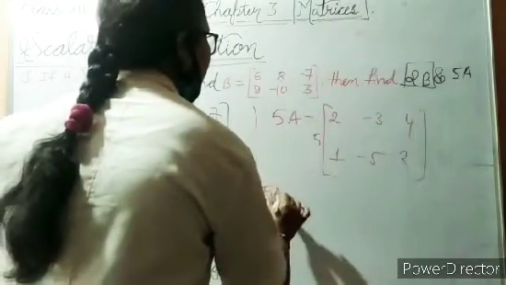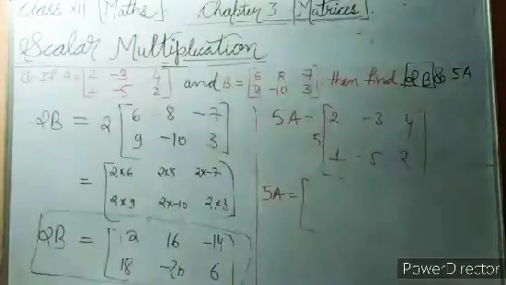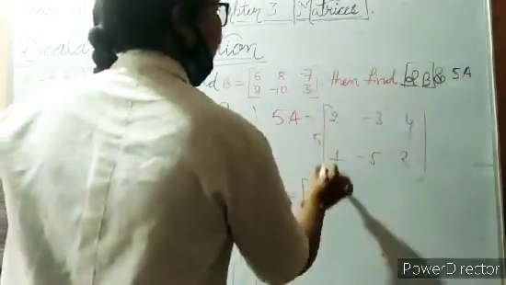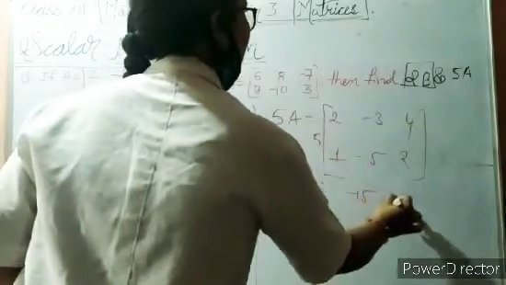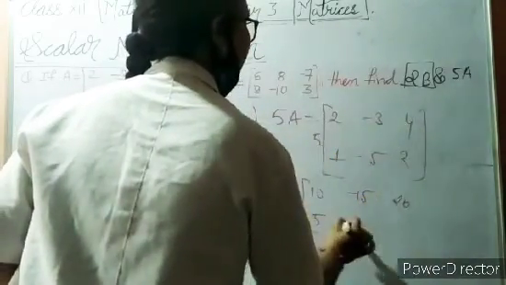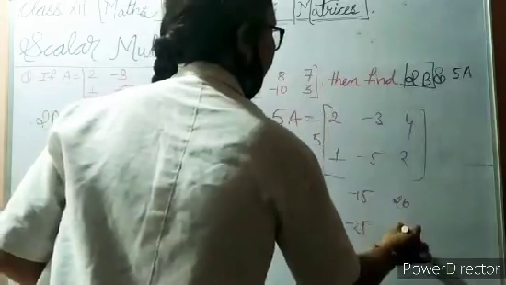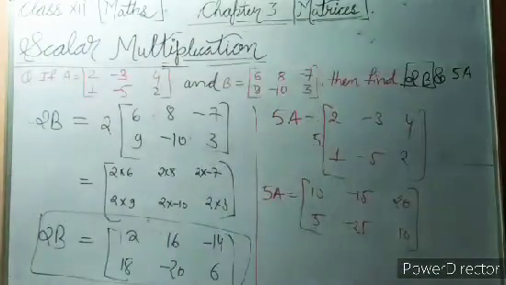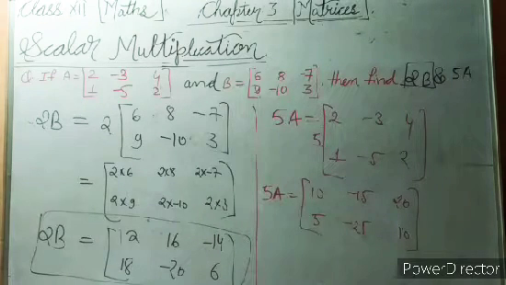So you see here 5A is equal to 10, -15, 20, 5, -25, 10. So it is your answer. 5 times 2 is 10, 5 times 3 is 15, 5 times 4 is 20, 5 ones are 5, 5 fives are 25, 5 twos are 10. Like that you solve such questions.